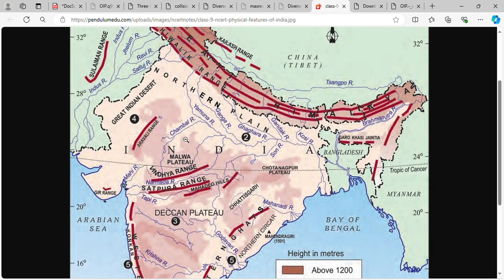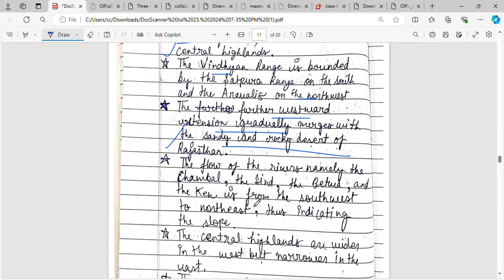Can you see this Chambal river here? I hope it's clearly visible. There were more rivers, like the Ken river, and Sindh and Betwa as well.